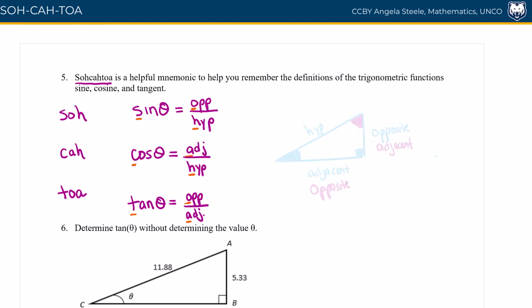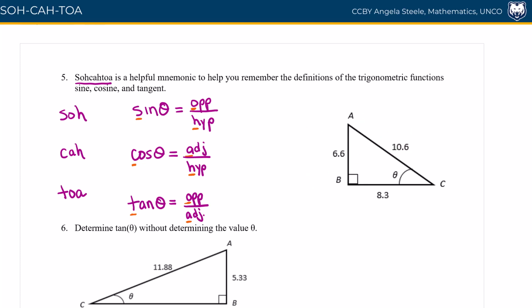Okay, so let's apply this back to problem number 4. So on problem 4, we had that given angle, and earlier we talked about it as the vertical distance is 6.6 and the hypotenuse was 10.6. But now, instead of thinking about the 6.6 being the vertical distance, we now want to think about it as the opposite side of that angle. And so notice if we use that sine of theta equals opposite over hypotenuse, we get the same thing.